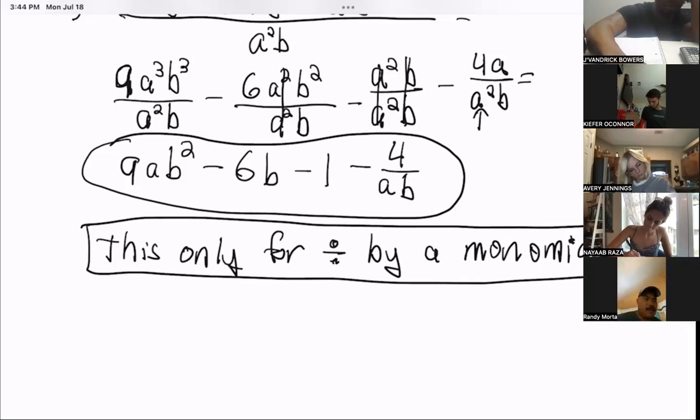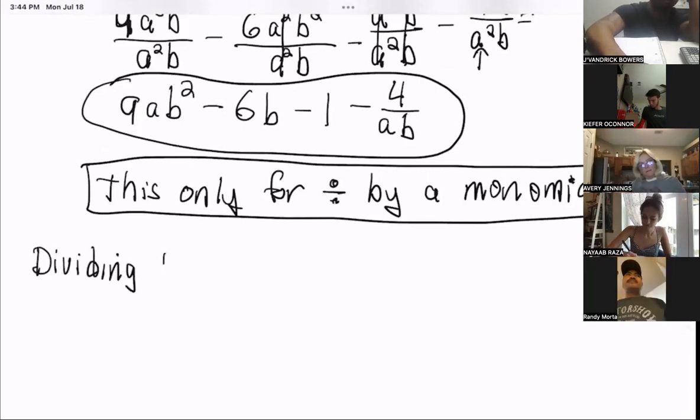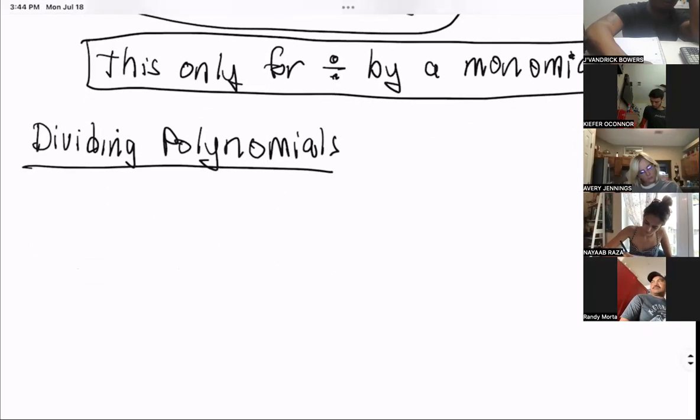So now let's look at things that are not monomials. So dividing, I'm going to say polynomials because none of it's going to be monomials. Dividing polynomials.